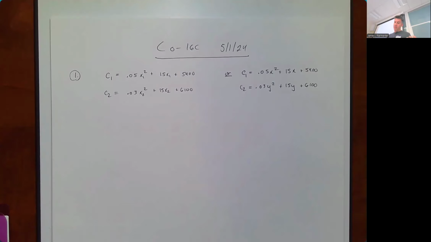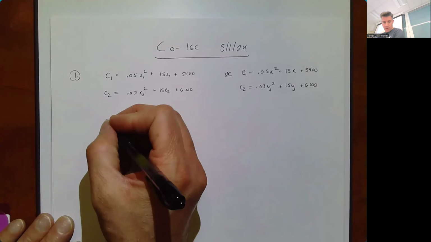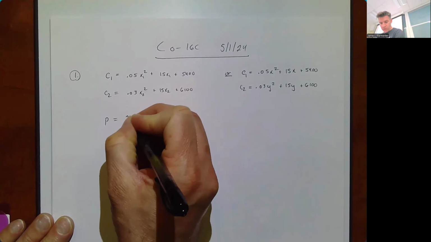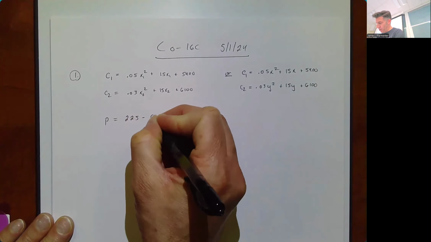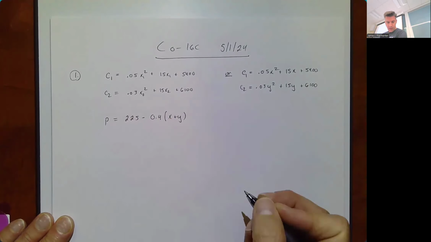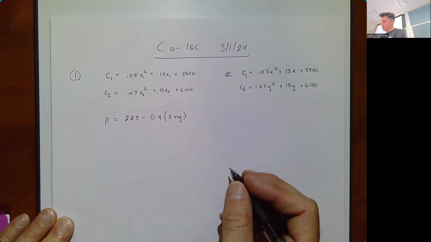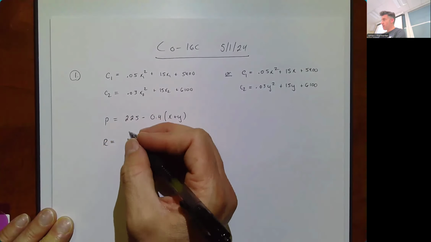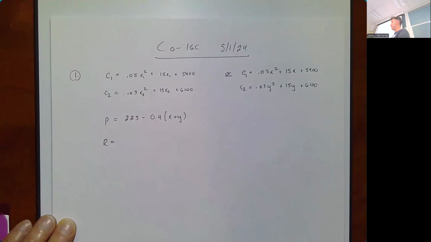We're also given that the demand function is P equal to 225 minus 0.4 times (X plus Y). And we're given that the total revenue function is, and what I'm about to write down we could actually come up with ourselves if we knew what they're asking for.